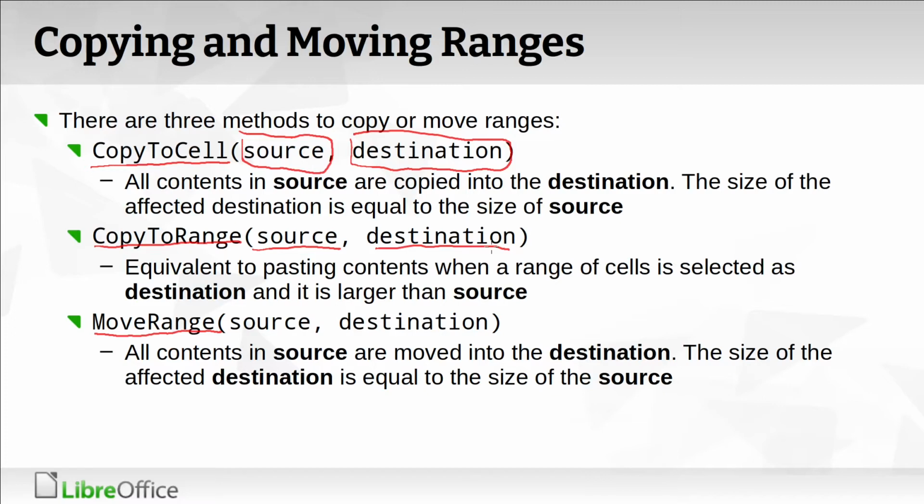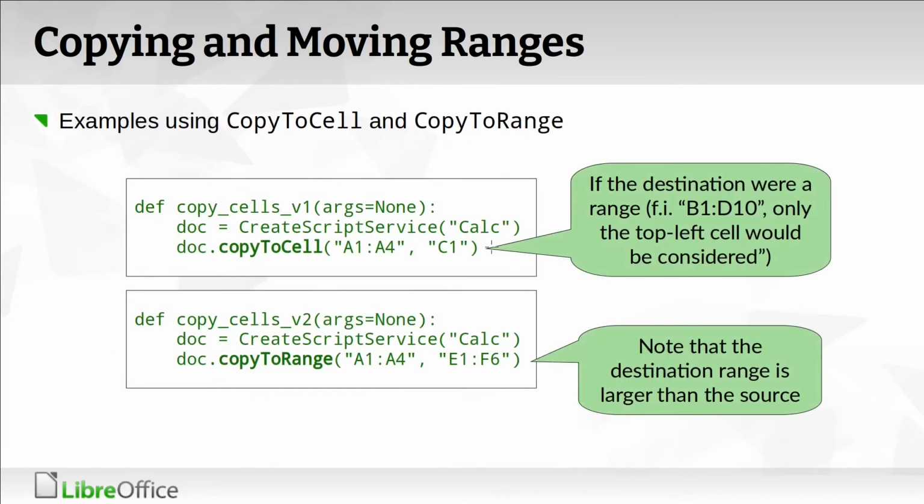So the first example that we're going to run is this. We have here the CopyToCell, with a source and a destination. The destination can be just a single cell because this works as a Ctrl+C, Ctrl+V operation. If you specify a range in the second argument, only the top left cell will be considered.